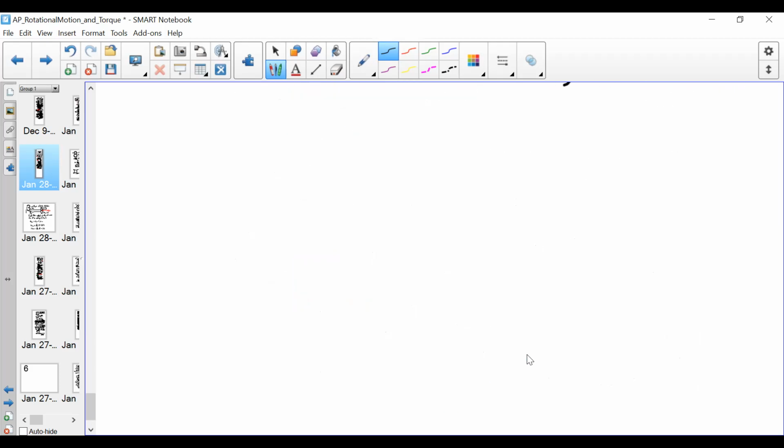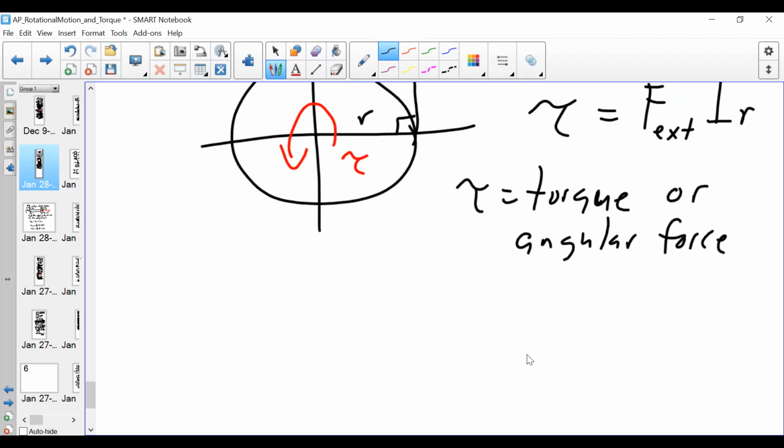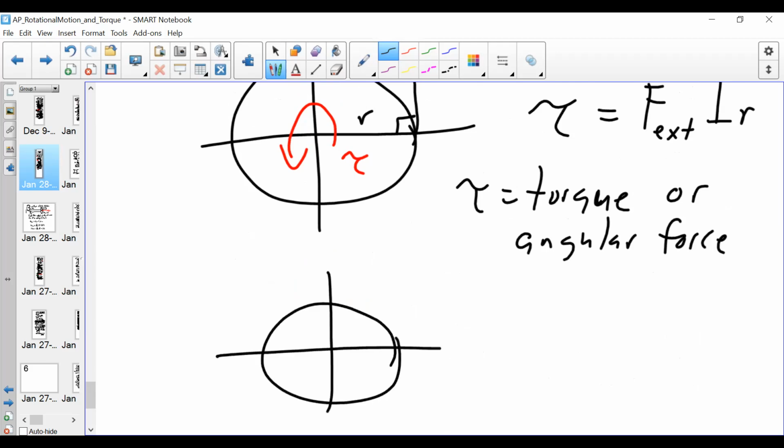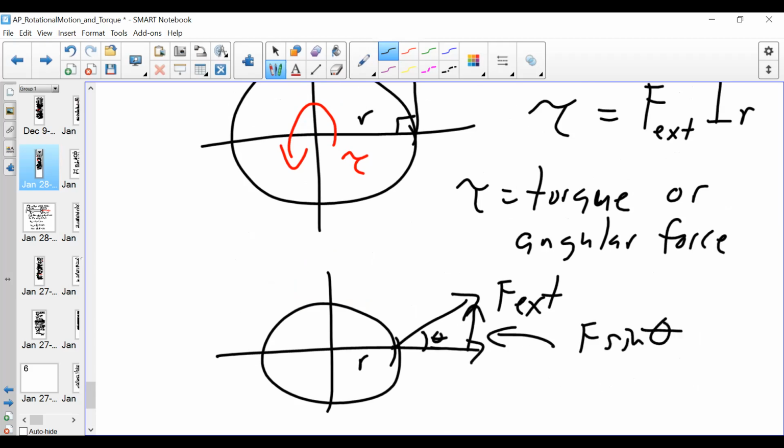As with forces, they don't always form nice perpendicular angles to the radius. It can be at any angle. So what if we had a situation, a radius again, and let's say we had a force that was at some angle. Well, the torque would just be the part of this force that's perpendicular to the radius. In this case, that would be the sine part. F sine theta is perpendicular to the radius.